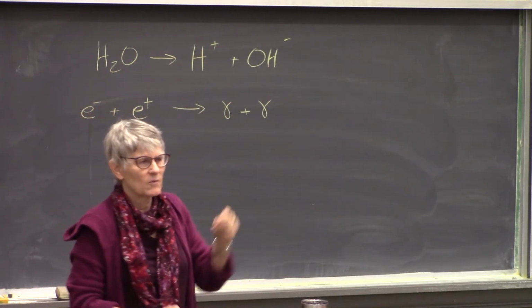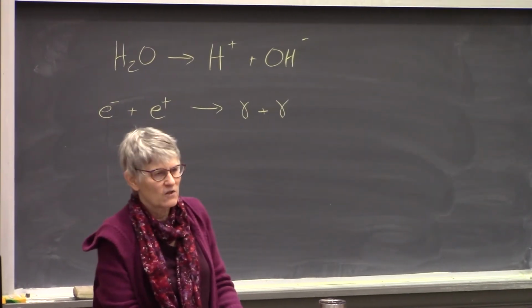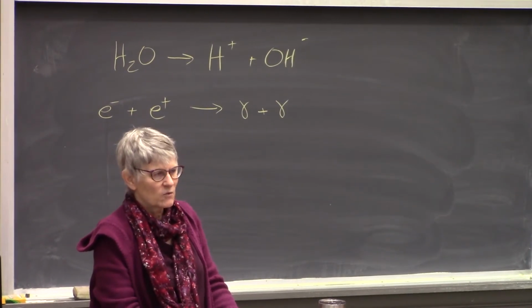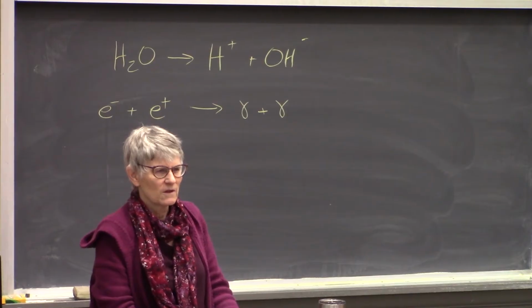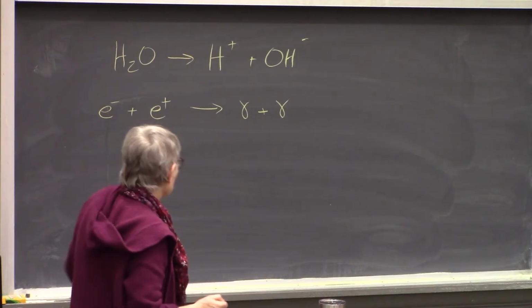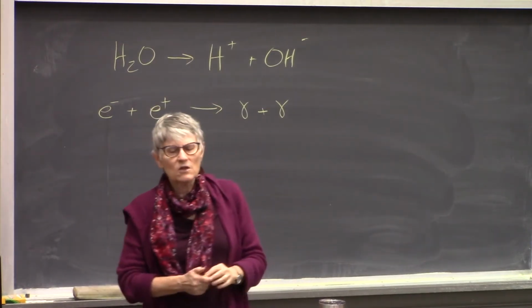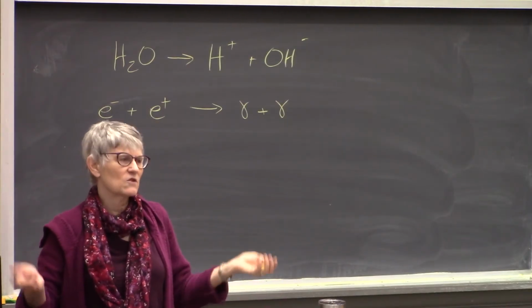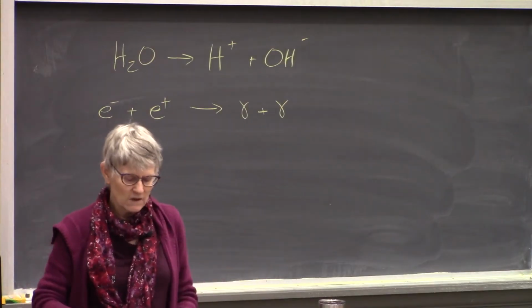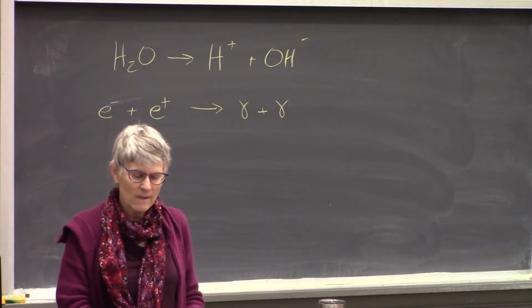Now a photon is a particle of light, and it does not have a charge. Didn't we just violate conservation of charge here? Yeah, the net charge is still 0. So any process, if we consider the charge of the system and the surroundings, the net charge doesn't change.